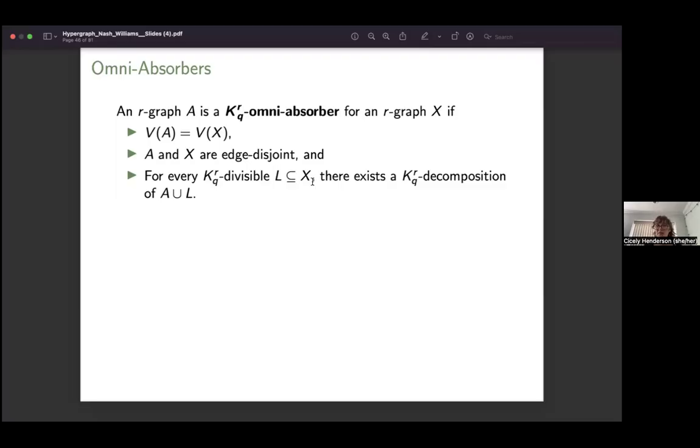You could just take the union of absorbers for every possible KQR divisible subgraph of X. But again, we run into the same problem of that's a lot. That's a really big subgraph. So instead, we really want to think about, do there exist efficient KQR omni-absorbers? Small, low max degree.